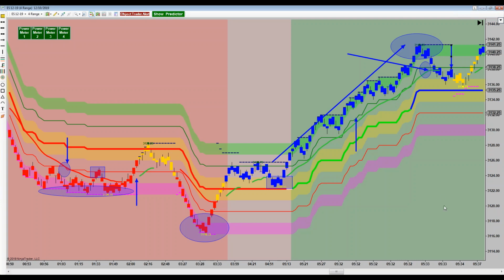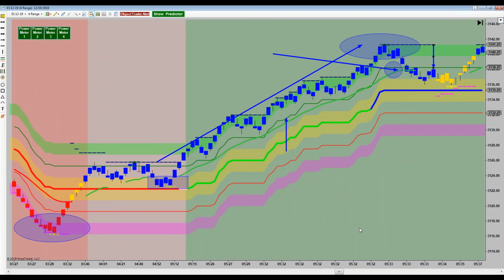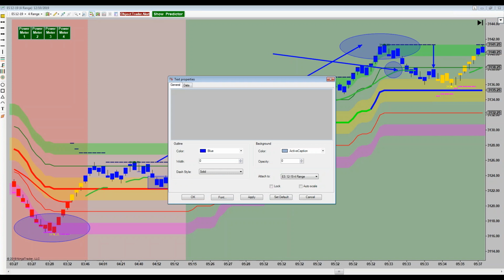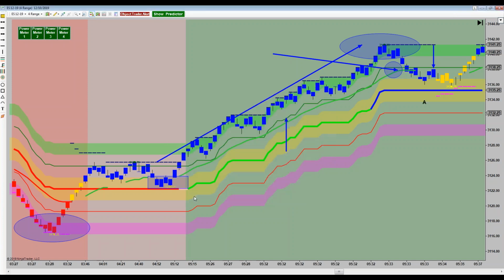Now you tell me when this retracement starts to turn around and head the other direction. Let's do it on the long side first. In fact, we're going to do it like this. Would you say it was bar A? Bar B?